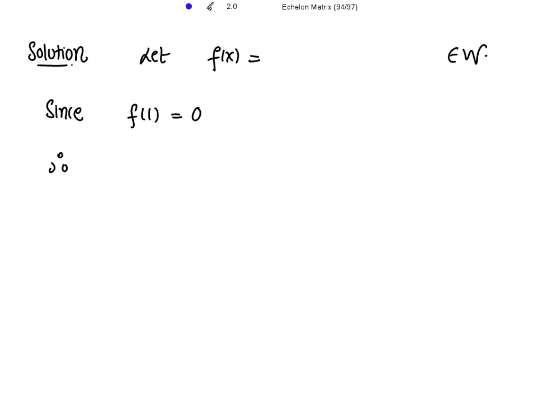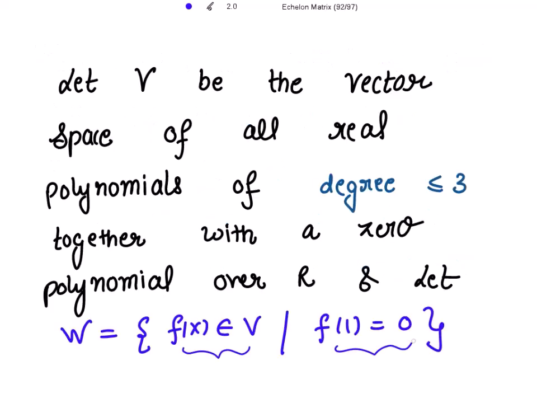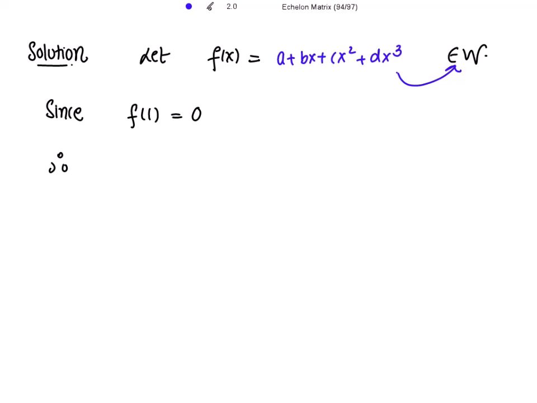So let's take f(x) to be any polynomial of degree less than or equal to 3. I'm taking f(x) to be a + bx + cx² + dx³, that is the polynomial belonging to the subspace W. Because it is given to us that f(1) = 0 for W, if I put x equal to 1, we get a + b + c + d, and this is equal to 0.